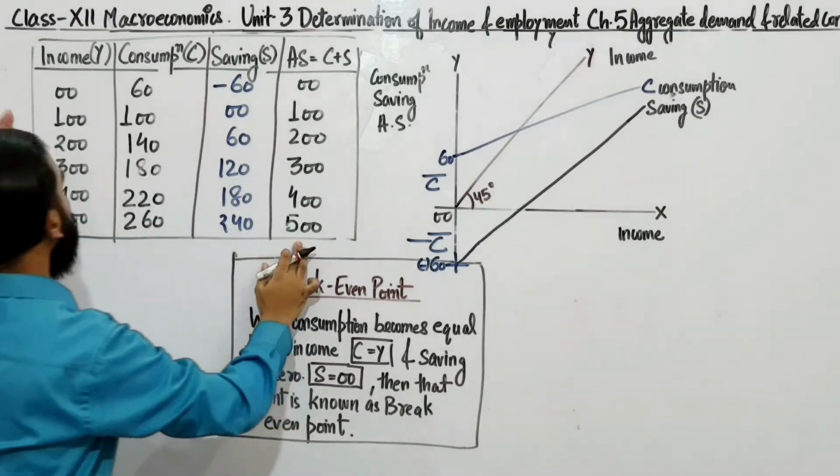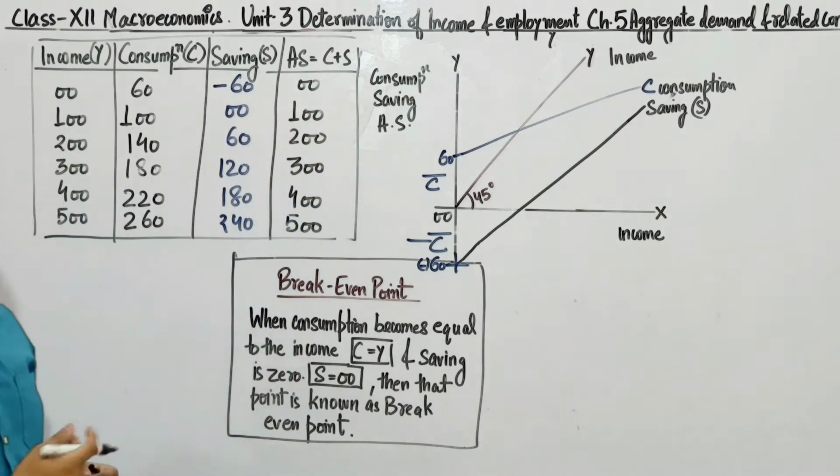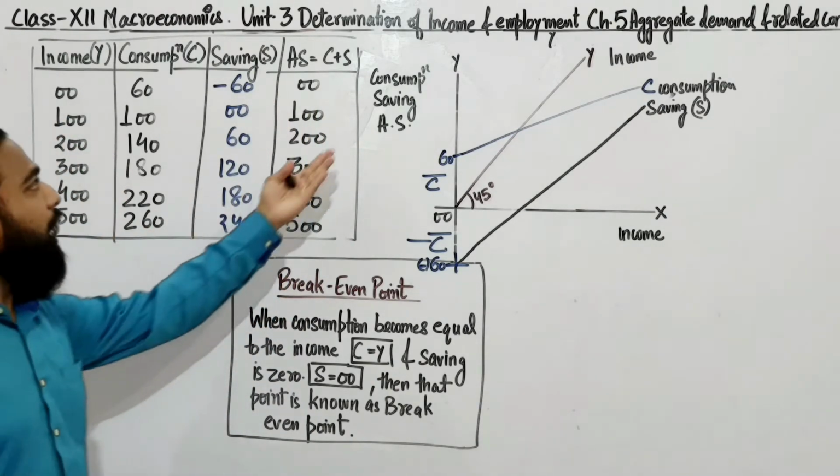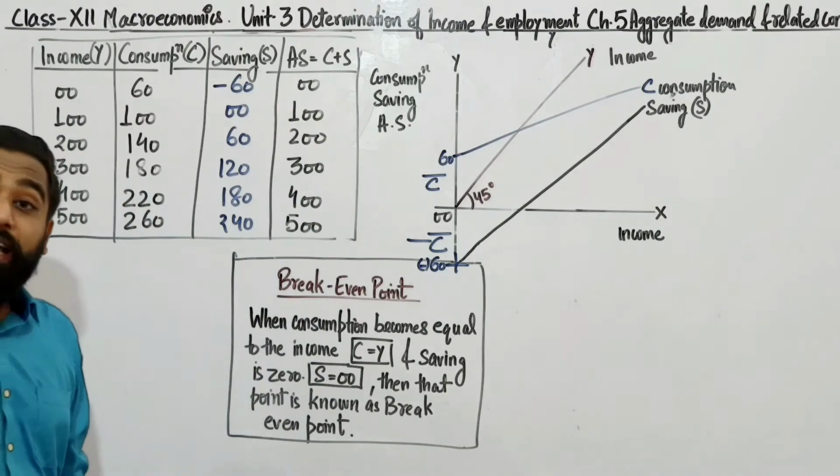But if you notice that income is equal to aggregate supply, the values of income are exactly equal to the aggregate supply.